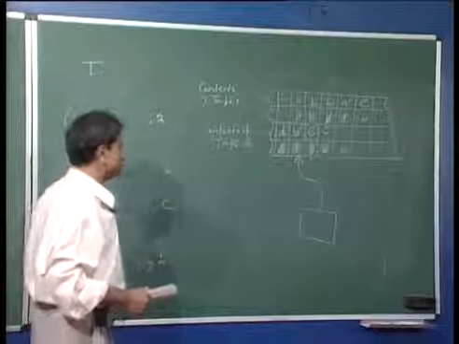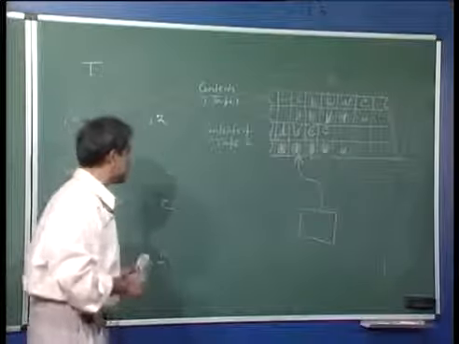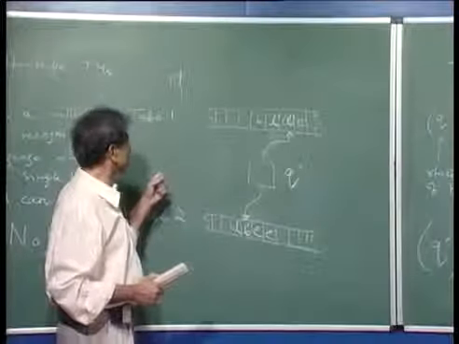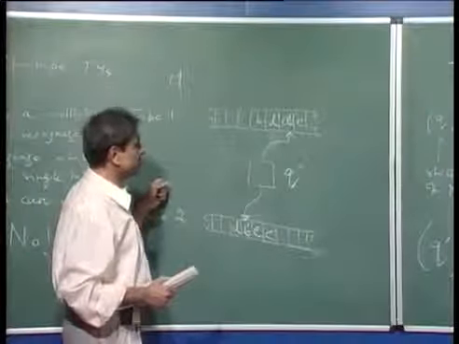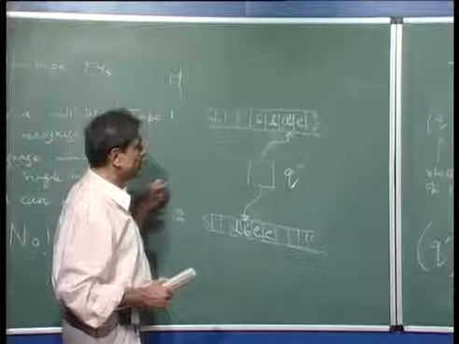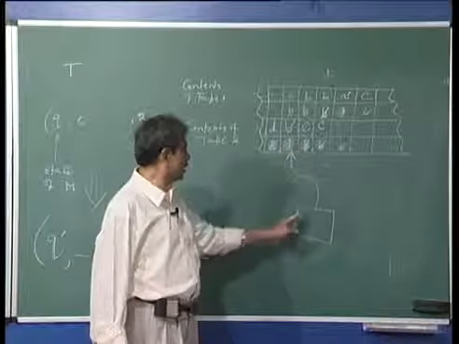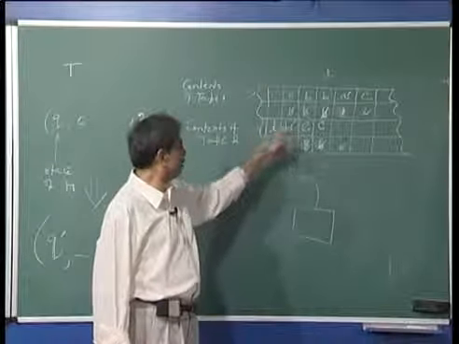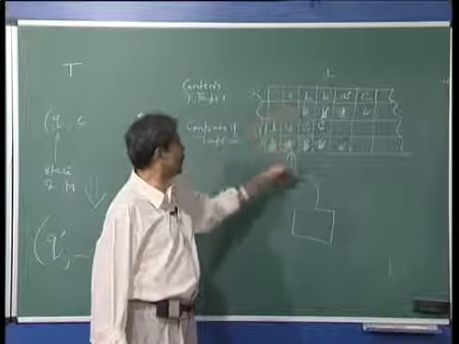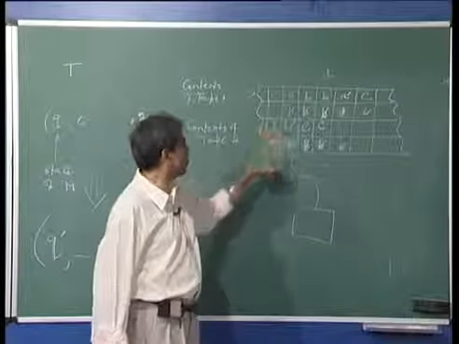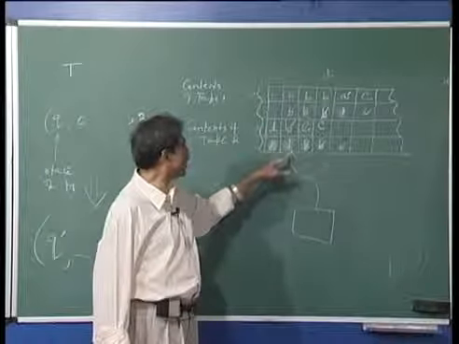So, to summarize this whole thing, in the beginning of simulating one step of this particular machine, we assume that the machine head is reading that symbol here, and there are 4 symbols in 4 tracks.